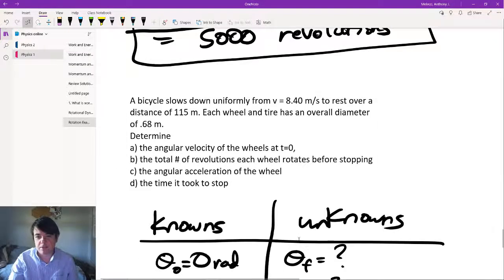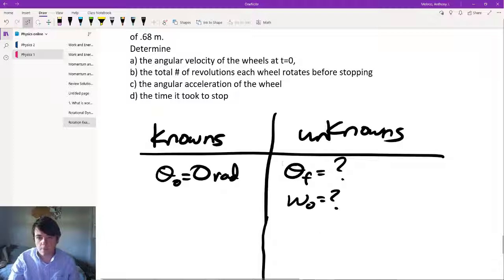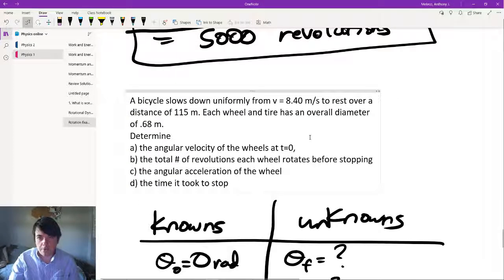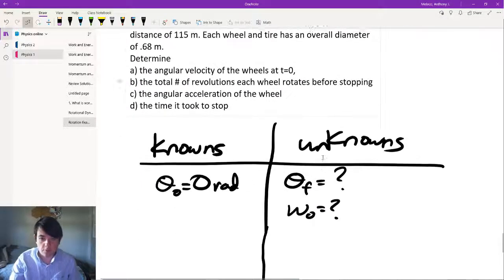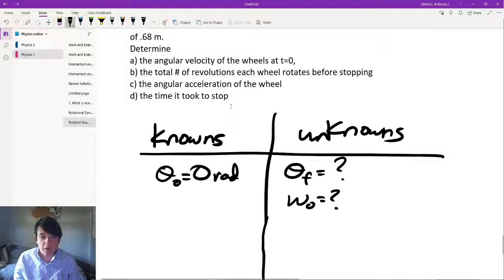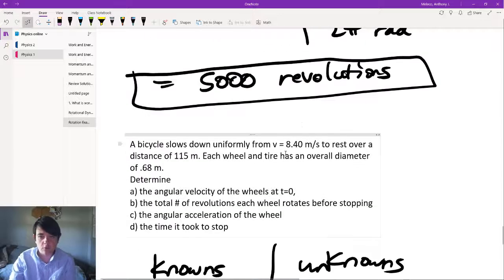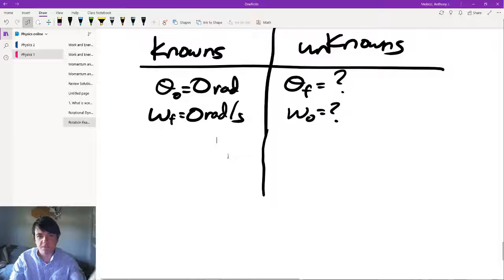So it's the same deal as our linear position here, but it will relate to it. So v equals r omega, right? So we'll do that to figure this out, but we don't know it right now. Our final angular velocity, though, is 0 because we're coming to rest over this distance. So we'll start at something and then slow down.